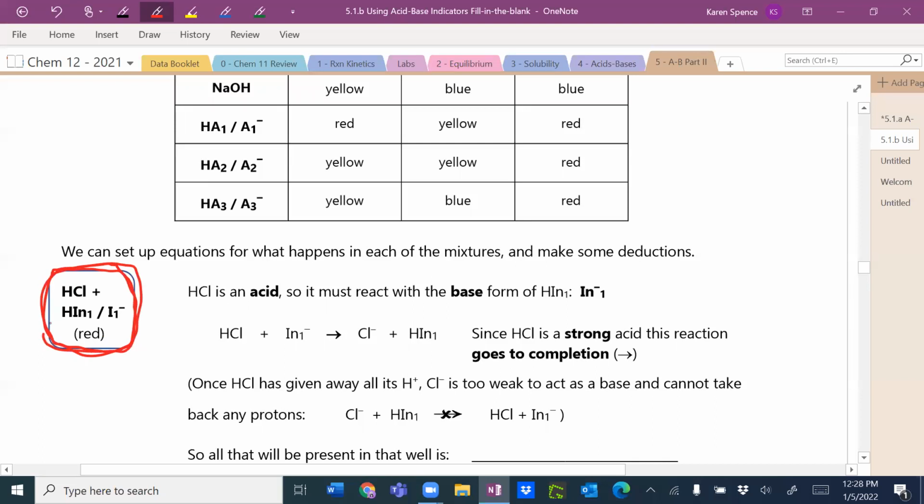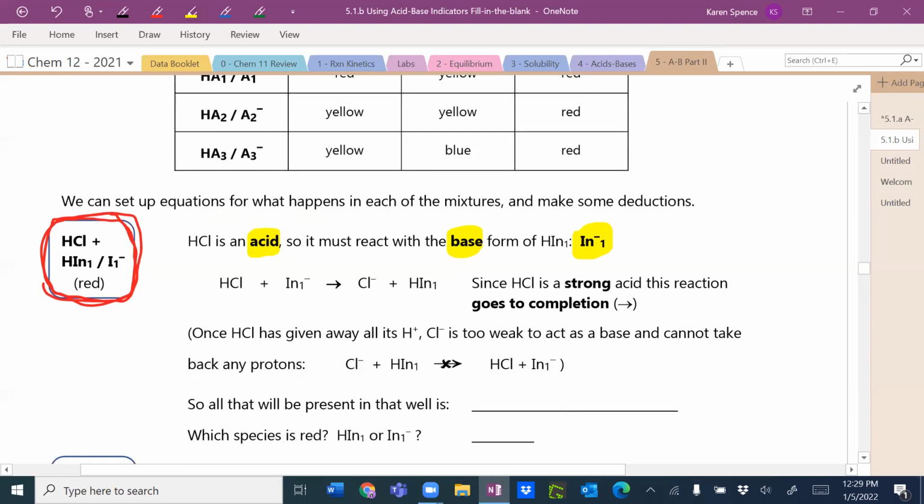Okay, so we have mixed HCl and the indicator HIN1/IN minus. HCl is an acid. If it is an acid, it's not going to react with an acid. Acids react with bases. So it's going to react with the base form of HIN, which is IN minus.